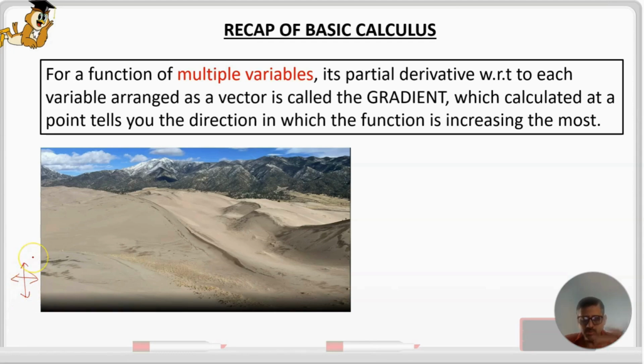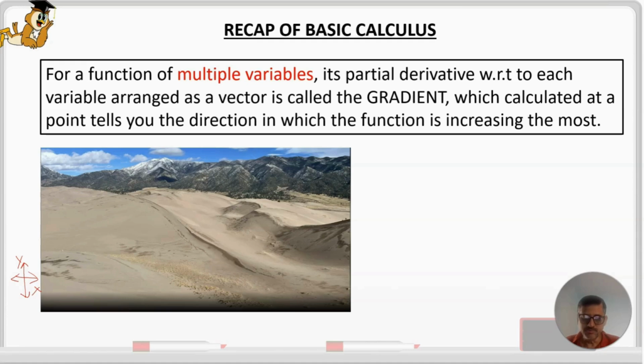Let's assume a flat earth at this particular point, with the x and y axes defined by east, west and north, south. And the value of the function at each x and y is basically the elevation at that particular point. Because as you can see, there are sand dunes, there are mountains, etc. So the elevation changes. Imagine this is some sort of an elevation function which takes different values for different values of x and y.